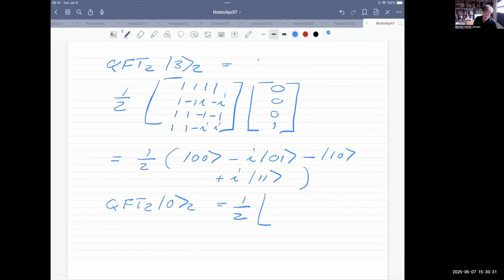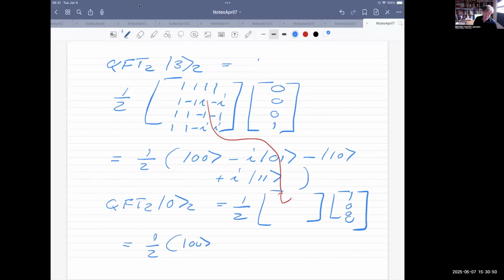1/2. And I'm not going to rewrite the matrix, so this is just the same matrix, but now acting on 1, 0, 0, 0. And we see then that when we perform the multiplication here, this will just give us 1/2 of 0, 0 plus 0, 1 plus 1, 0 plus 1, 1.